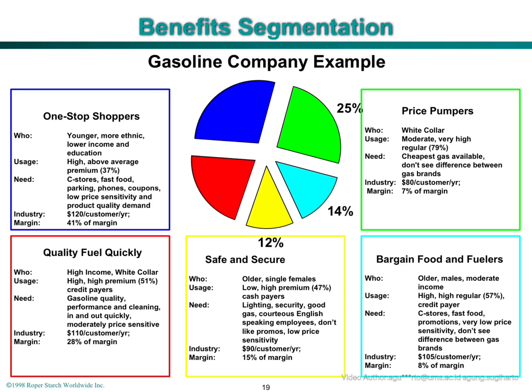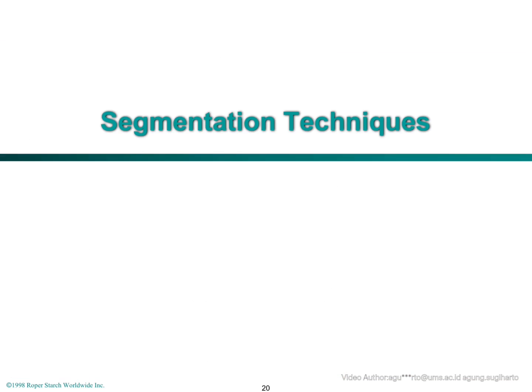This is another example. We can show you this example, but we don't talk about this in depth, so we skip to another material that is talking about segmentation techniques.